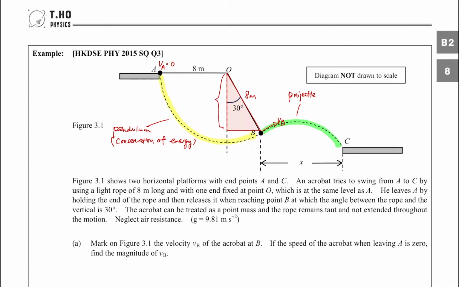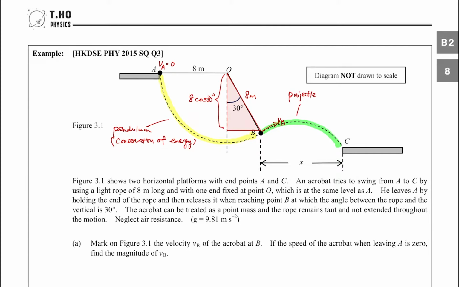Now I am interested to know how far the acrobat dropped to go from point A to point B. With simple mathematics, this side is 8 cosine 30. This is the height the acrobat has dropped by swinging from A to B.